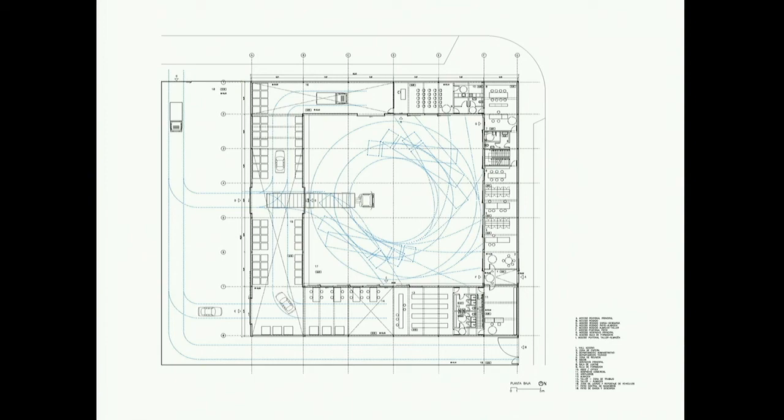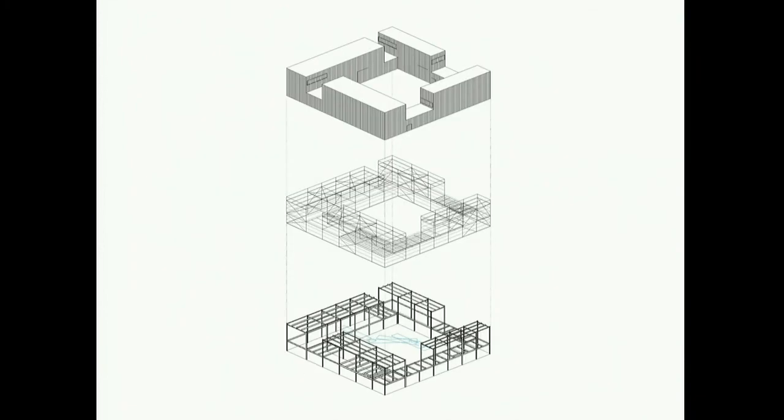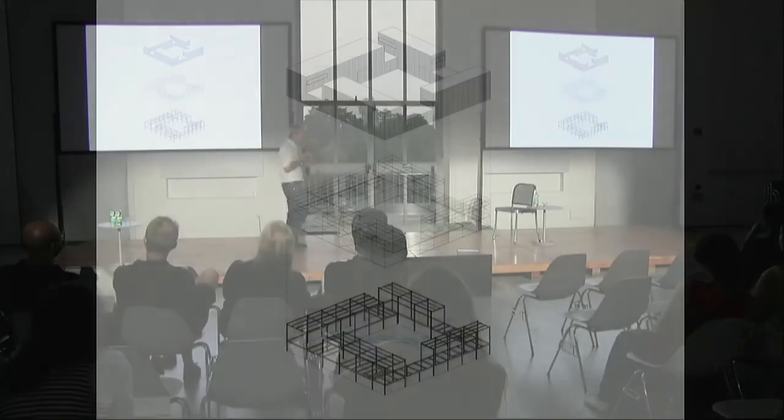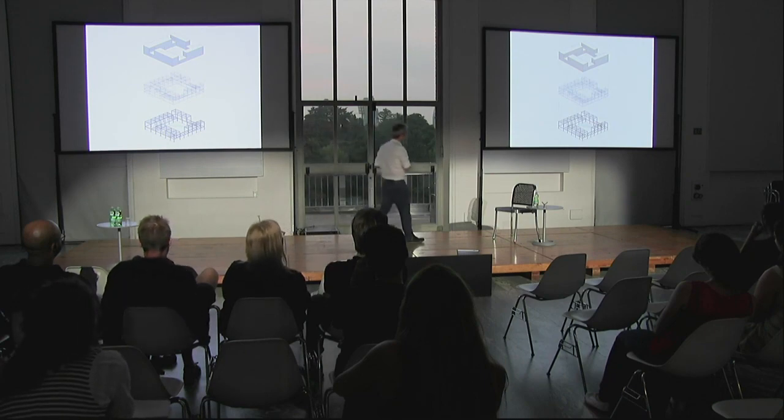So only with this decision, we managed to organize the program: the more private areas, like offices and some meeting rooms, are incorporated in the 6 meter wide areas, and the industry itself, with the different areas, was in the wider one. So the plan again, and this is what is important for me, is the result of applying a strategy that comes from a process itself.